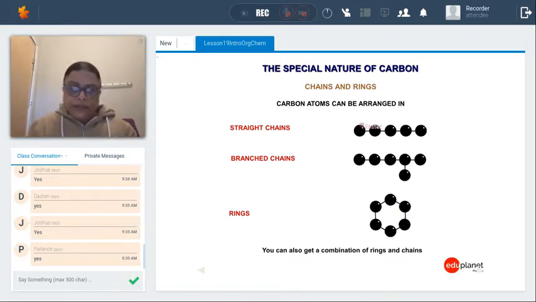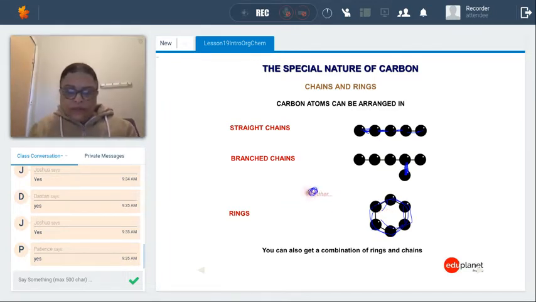So look at that. This is a straight chain. These carbons are connected to each other in a straight chain. This is a branched chain, and the ring is a closed system. So the carbons are connected in something that you can envision as a circle. It's of course not a circle, but that's the metaphor.